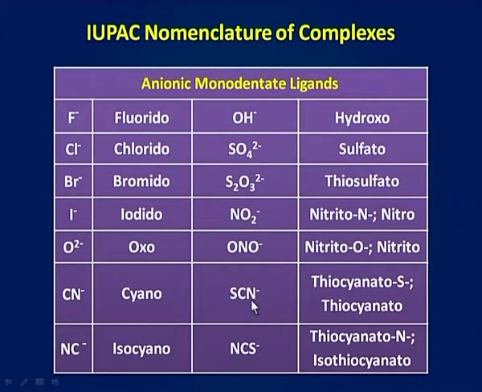SCN- is also an ambidentate ligand, hence it can be named as thiocyanato S or thiocyanato. Similarly, NCS- can be named as thiocyanato N or isothiocyanato.